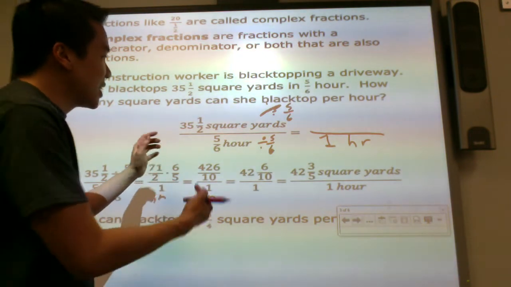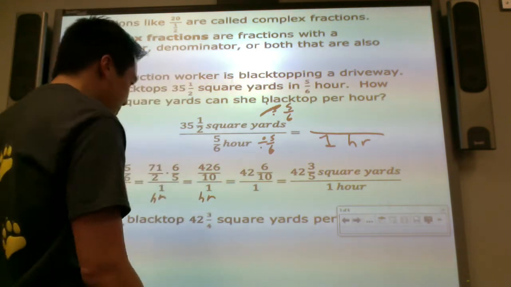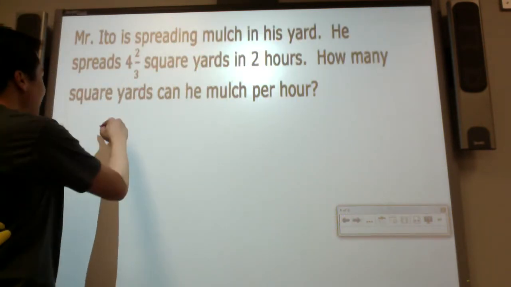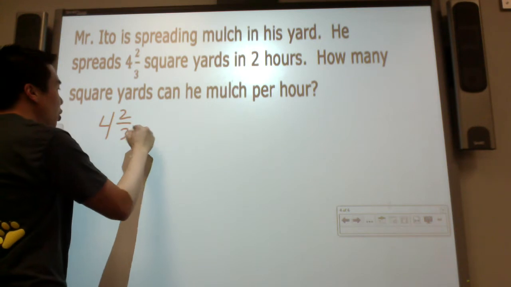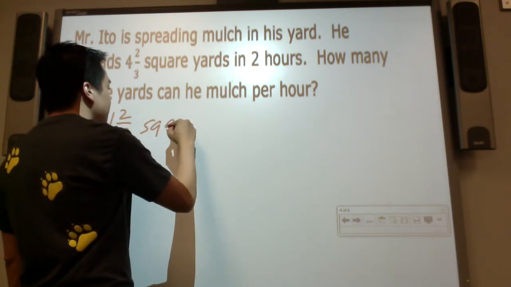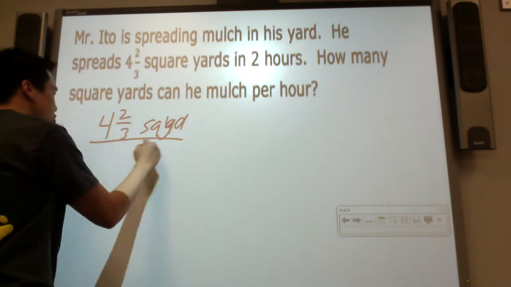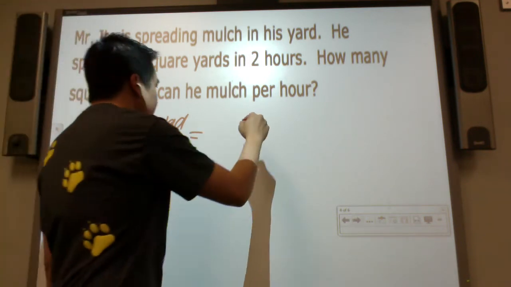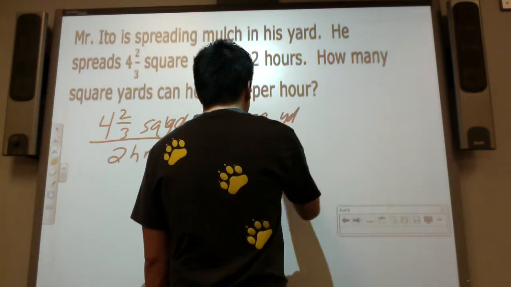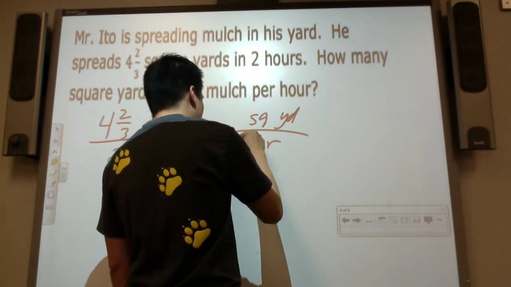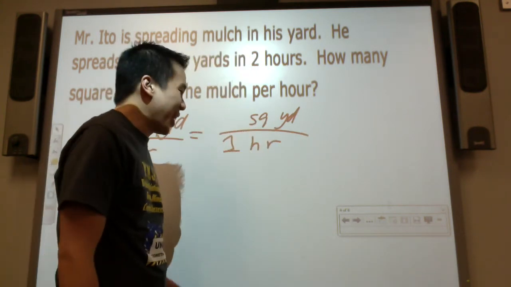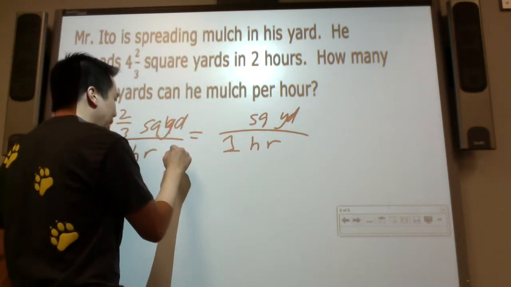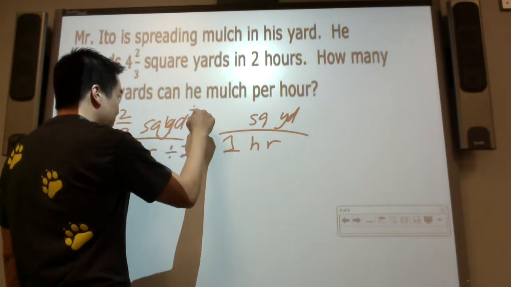So let's do one that does not already have an example done for you. Ito is spreading mulch in his yard. He can spread 4 2/3 square yards in 2 hours. How many square yards can he do per hour? So 1 hour. So I want to find a unit rate. To turn 2 hours to 1 hour, I need to divide both numbers by 2.